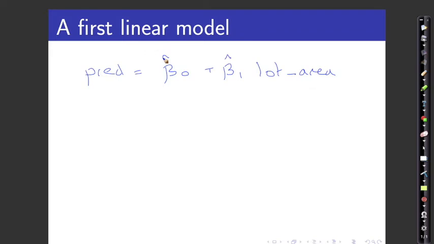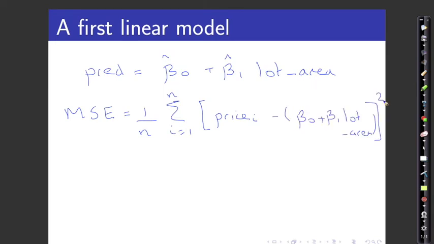Actually, equally, we could minimize what's called the mean squared error, which is equal to 1 over the number of observations times the sum of the squared errors. And the sum of the squared errors is going to be the actual price minus the predictions, squared. How do we go about minimizing this lot?